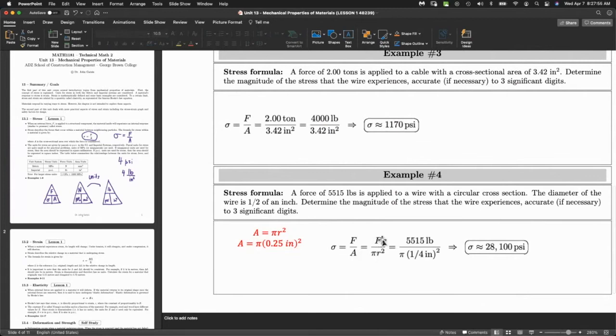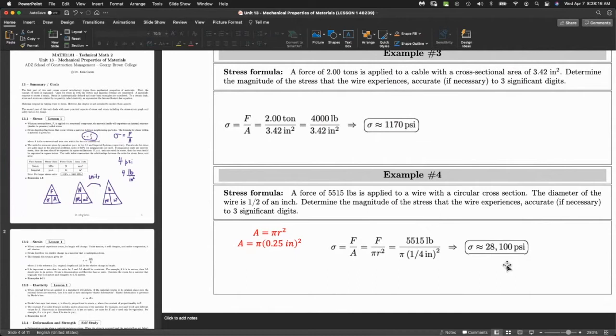You see here we have the force, which is 5,515 pounds, and there's the area, pi r squared. Notice that I put a quarter instead of 0.25. That's fine. If you put that all in your calculator, you're going to get 28,100 psi.